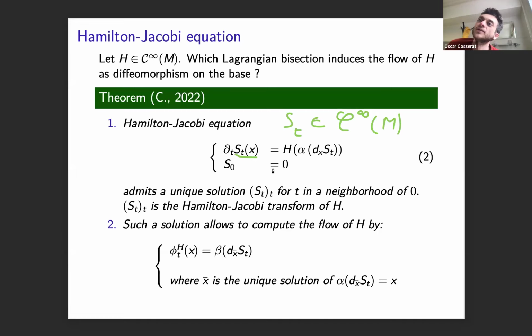What we will do is compute the Taylor series of S_t with respect to t. The point of view we adopt here is to see S_t as a formal series with respect to t, and we will look for formal solutions of this Hamilton-Jacobi equation, where by formal I mean Taylor series.